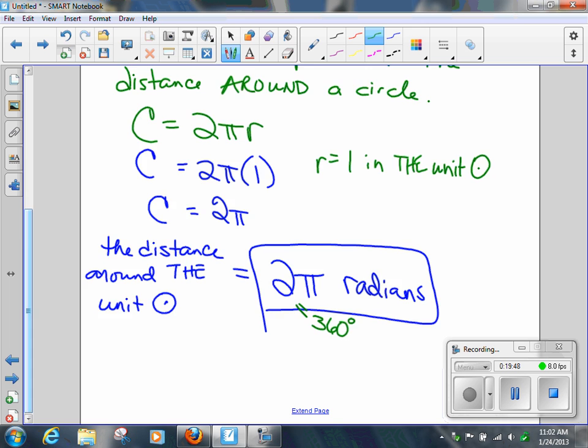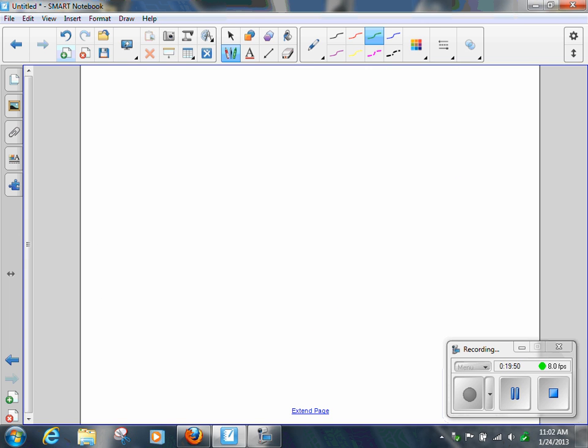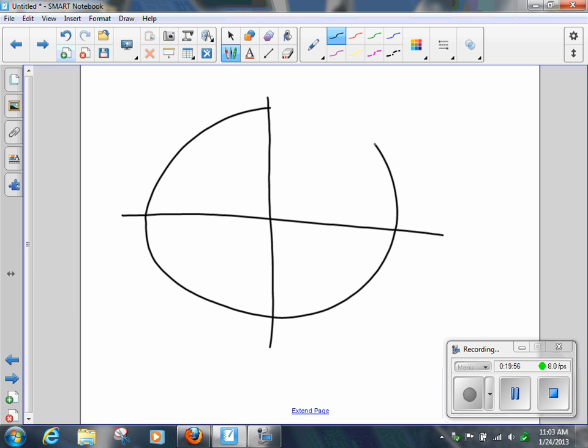So, draw me another big unit circle. We're going to put some very important information in it. Got to think radians, folks.